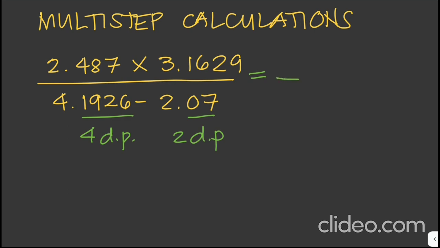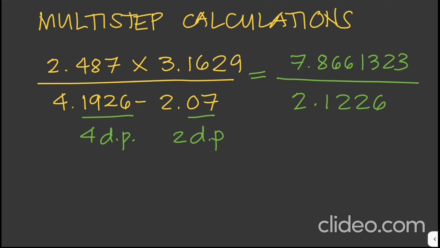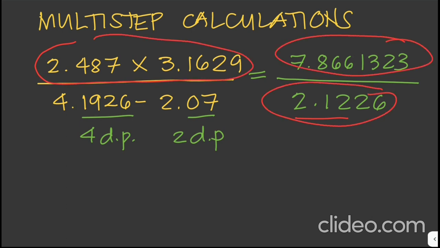Multiplying our numerator would give us 7.8661323, and our denominator would give us 2.122. So our answer in the denominator should be rounded off to 2 decimal places, so it should only be 2.12.